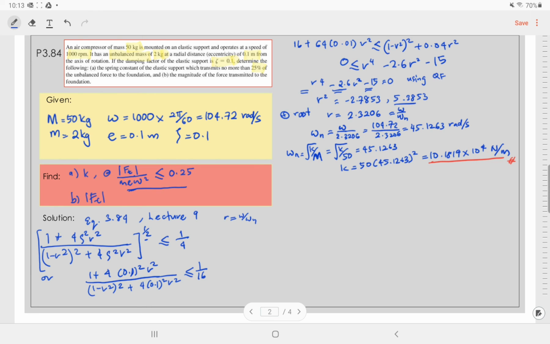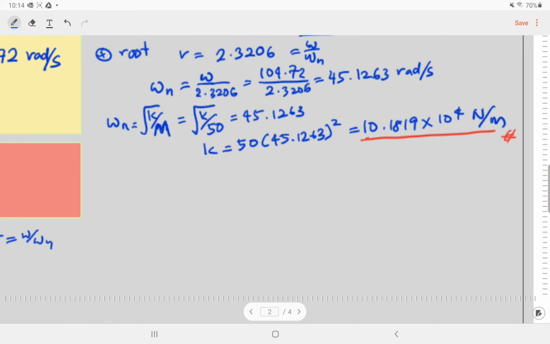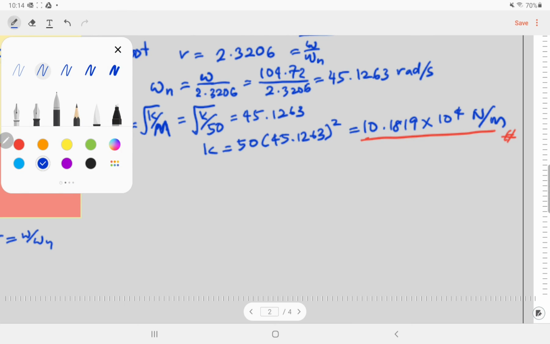So now it will be just rearranging or substituting the values. Okay, so if you look at that equation, part B is just to find the FT.